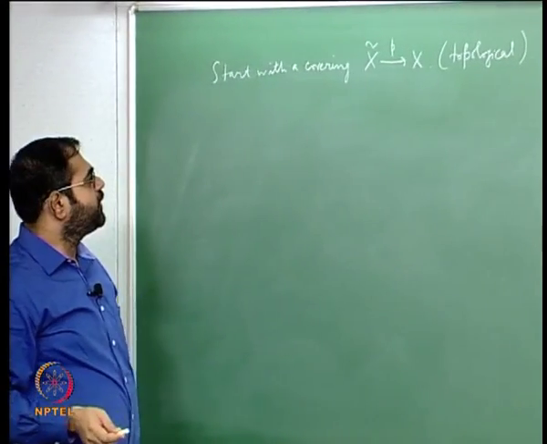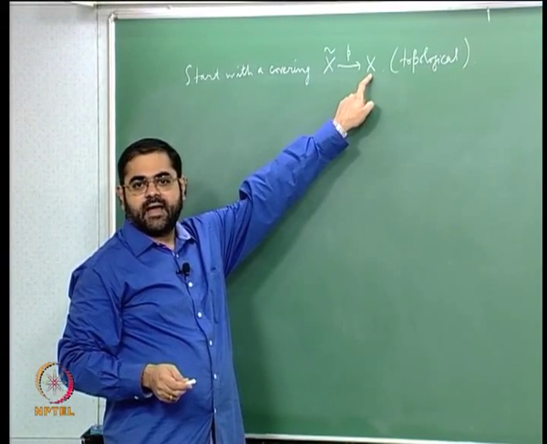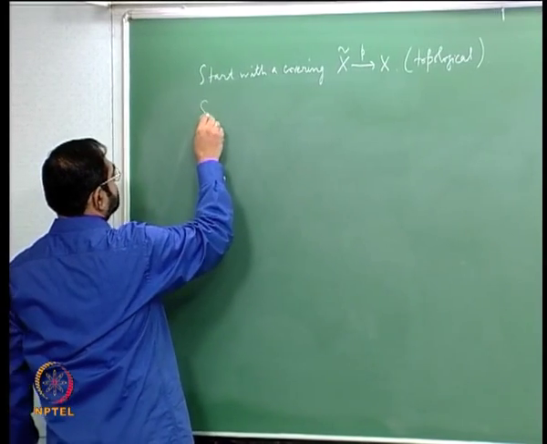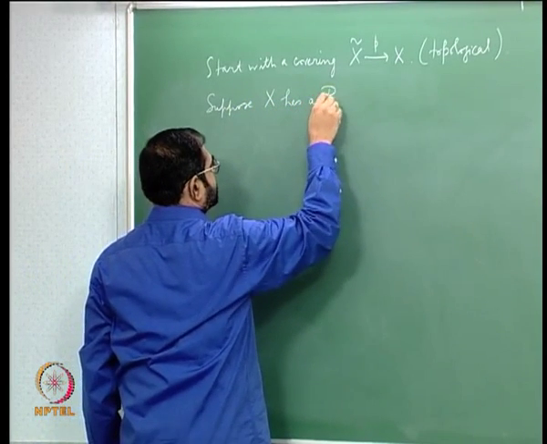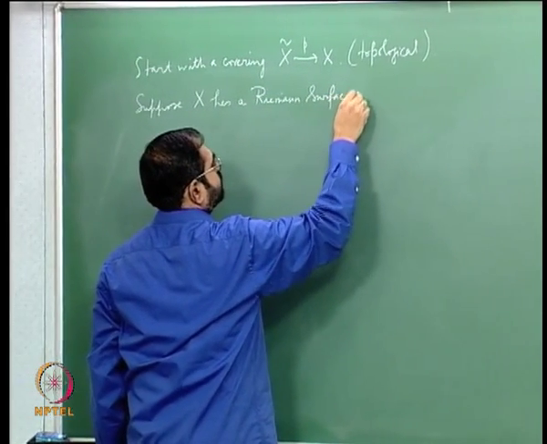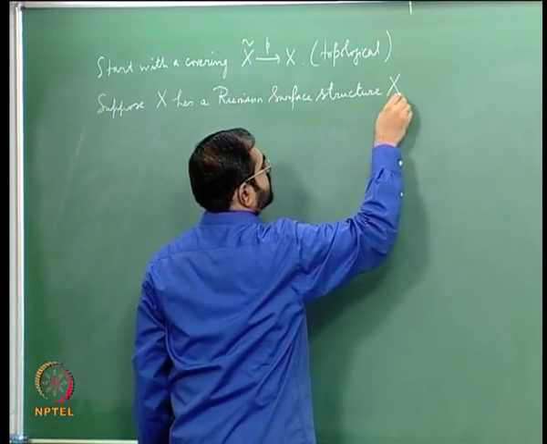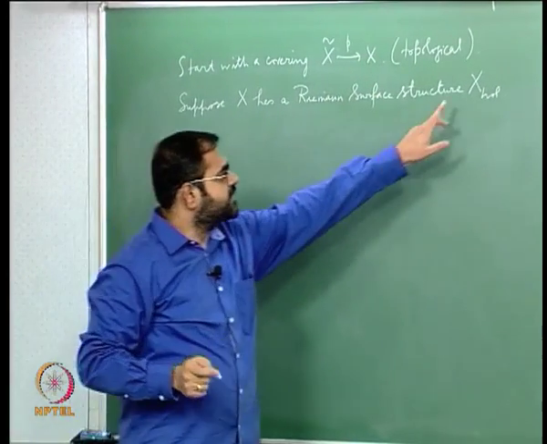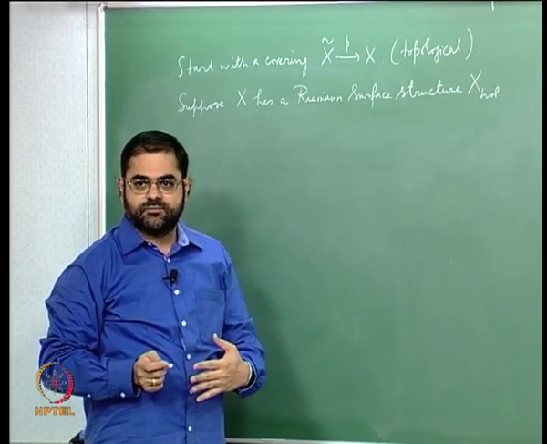Now I am going to look at the situation when the base of the cover has the structure of a Riemann surface. So suppose x has a Riemann surface structure, which let me call x sub whole. So x is the topological space, but x sub whole is this topological space endowed with the Riemann surface structure, which means you know what it means.